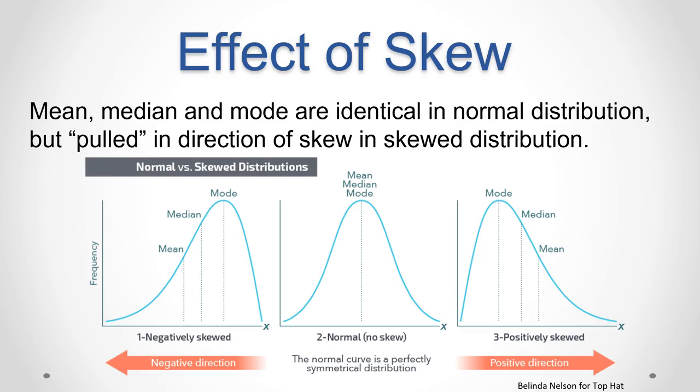In other words, when high scores are added to an otherwise normal distribution, the curve gets pulled in a positive direction, or to the right. When the curve is pulled in a negative direction, or to the left, by extreme low scores, it is negatively skewed. The more skewed a distribution is, the more difficult it is to interpret.